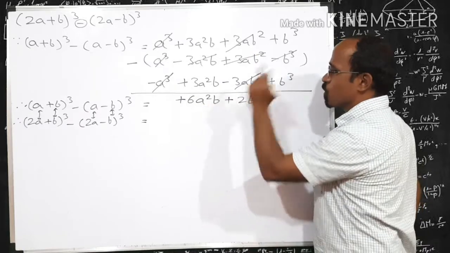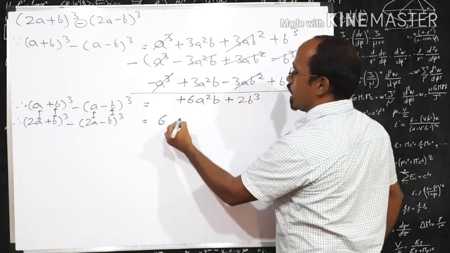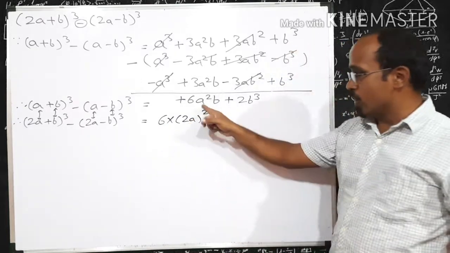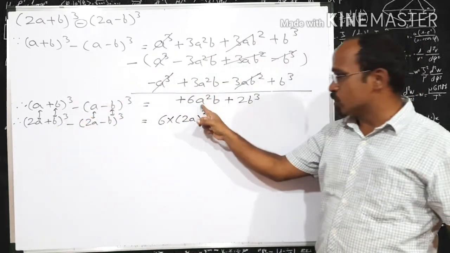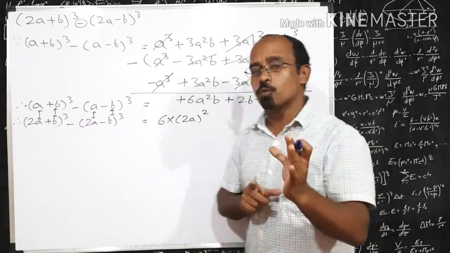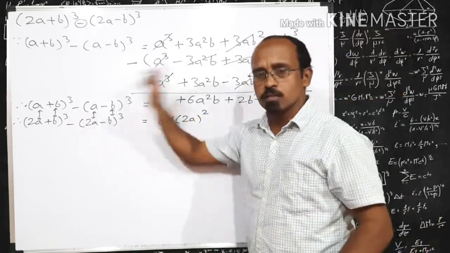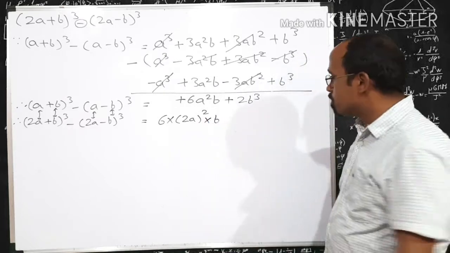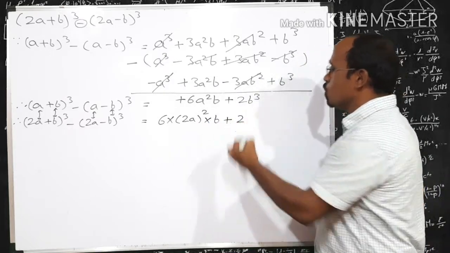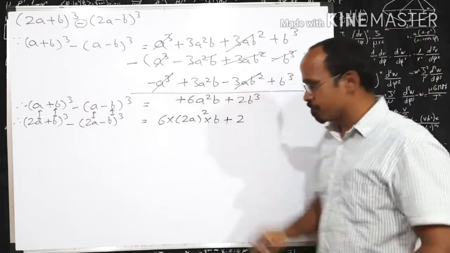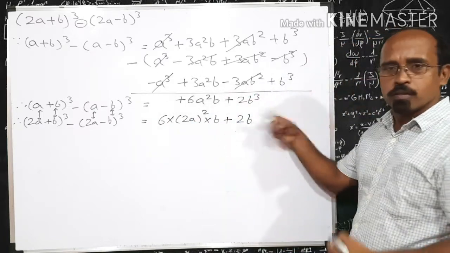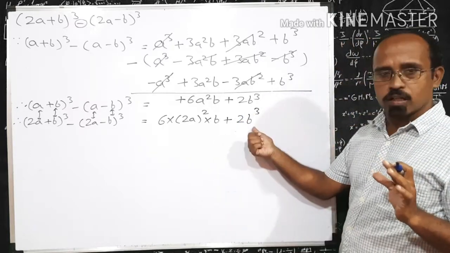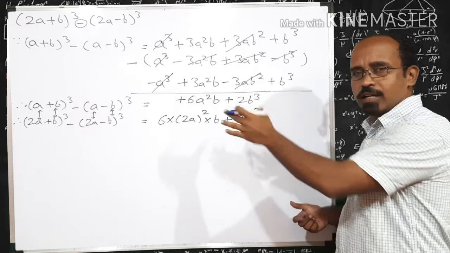Therefore, 6a²b is equal to 6 into (2a)² into b. Plus 2 into b³. Cube of b means cube of only one term, so we have written it directly.